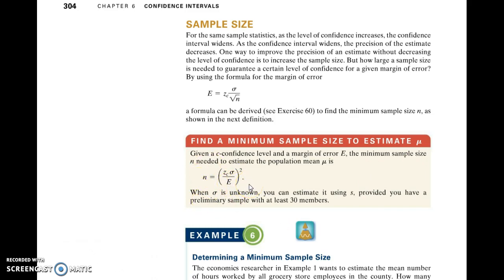You get to decide beforehand what the margin of error is going to be, which is how wide your confidence interval is going to be. And then also you pick the level of confidence, which is our critical value z sub c here. So pick your level of confidence, pick how wide you want it to be, plug it in here, and the formula will tell you how large a sample you need.